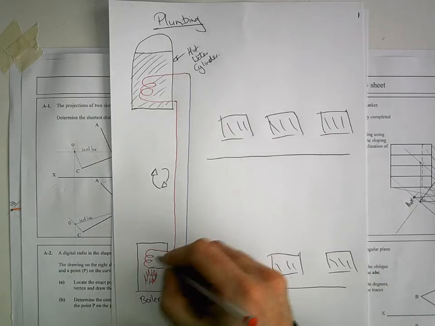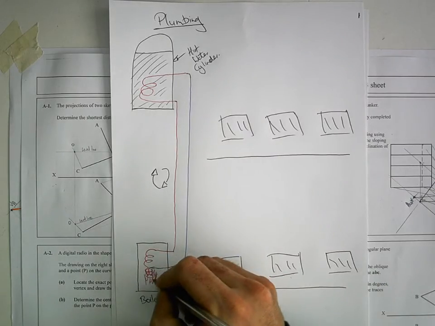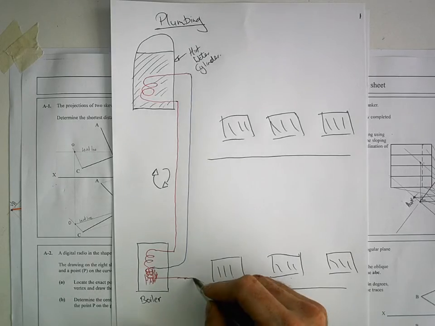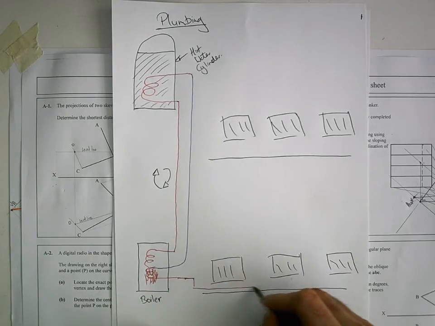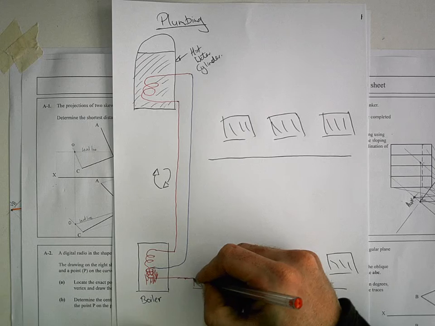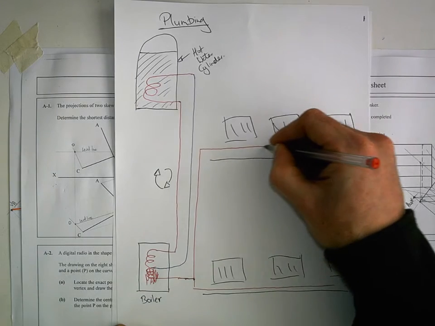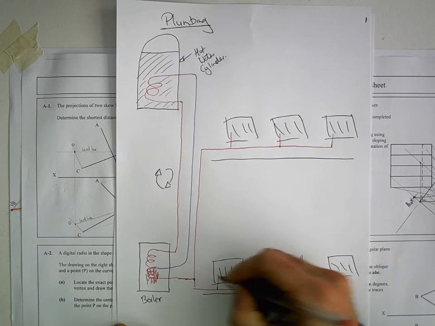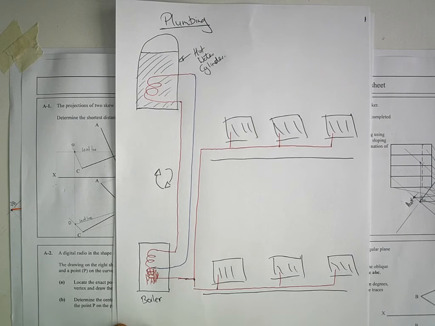So you'll have a coil first of all coming out from the boiler, and then it's going to split. So it's going to concentrate on the downstairs radiators, and it's also going to concentrate on the upstairs radiators. It's going to go individually to the 3 upstairs and the 3 downstairs.